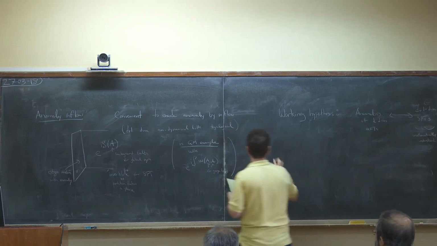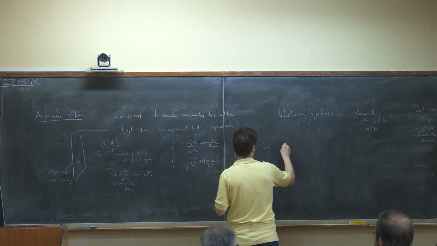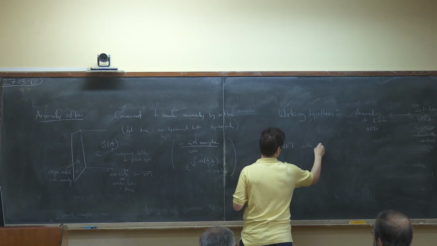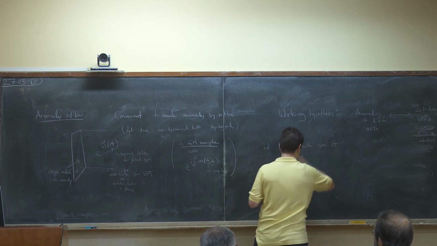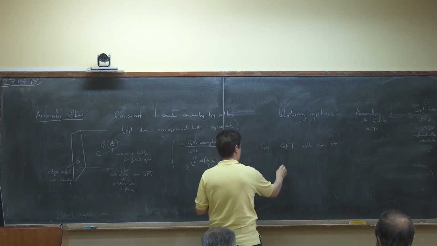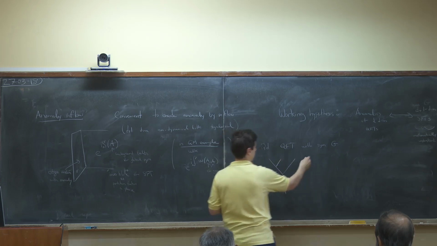Okay, so we did quantum mechanics, so let's do a 2D QFT with symmetry G. Let's look at the following picture. The symmetry defects are lines.